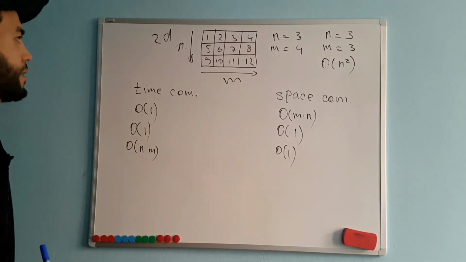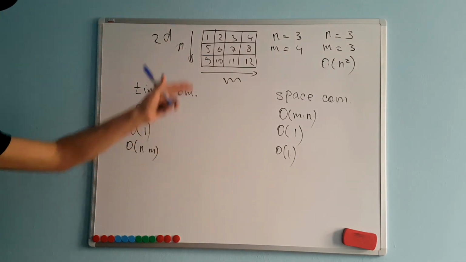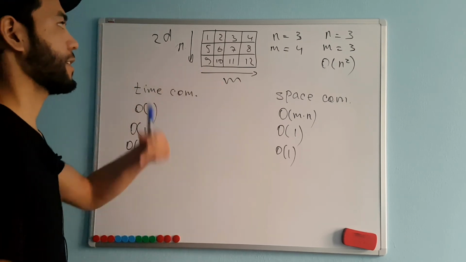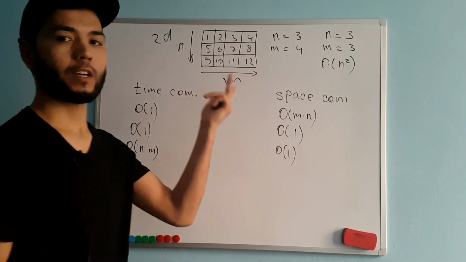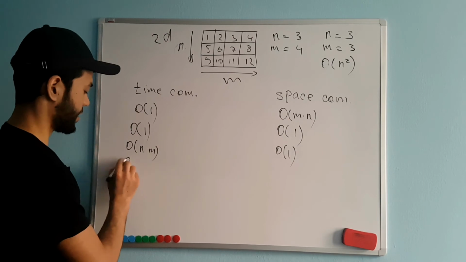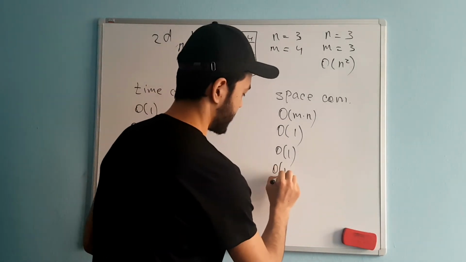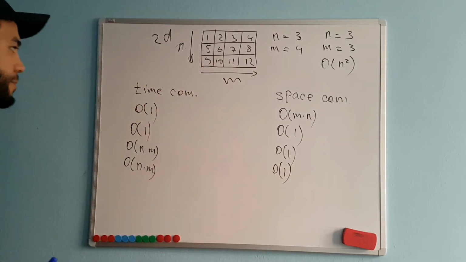Okay, and for iterating these arrays, and for iterating and finding any given numbers from the two-dimensional arrays, the time complexity will be n m. And also space complexity, we don't need extra space, which is constant.